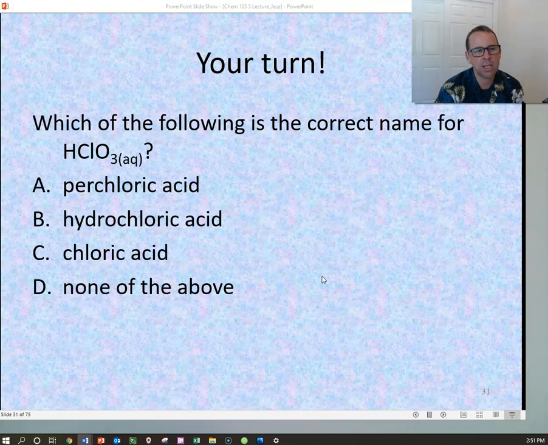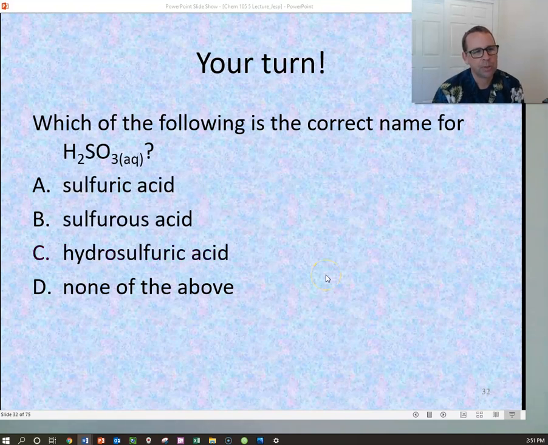How about this one here, HClO3? A, B, or C? A. A, perchloric acid? Is the ClO3 the perchlorate ion? Oh, it's chlorate. Yeah, so which one is it? C. C, chloric acid. Very good.